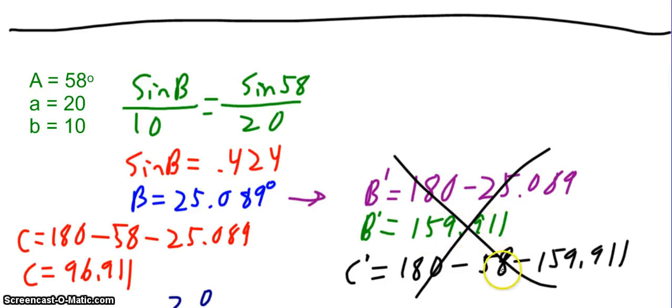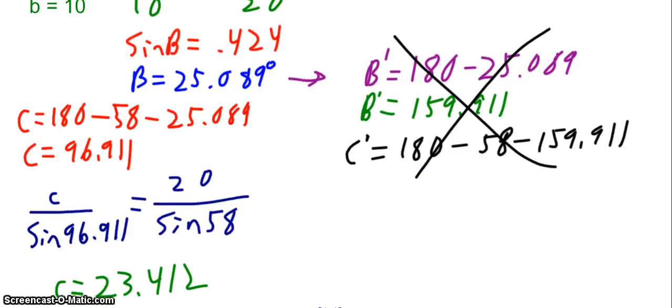But then when I tried to find C prime, notice that I'm going to get a negative number. As soon as I realize that, the second solution doesn't actually exist. I did a little bit of extra work to see that, but it was not challenging work. You're just doing a supplement and then subtracting two numbers from 180, so you should figure it out pretty quickly. But my one solution did exist.